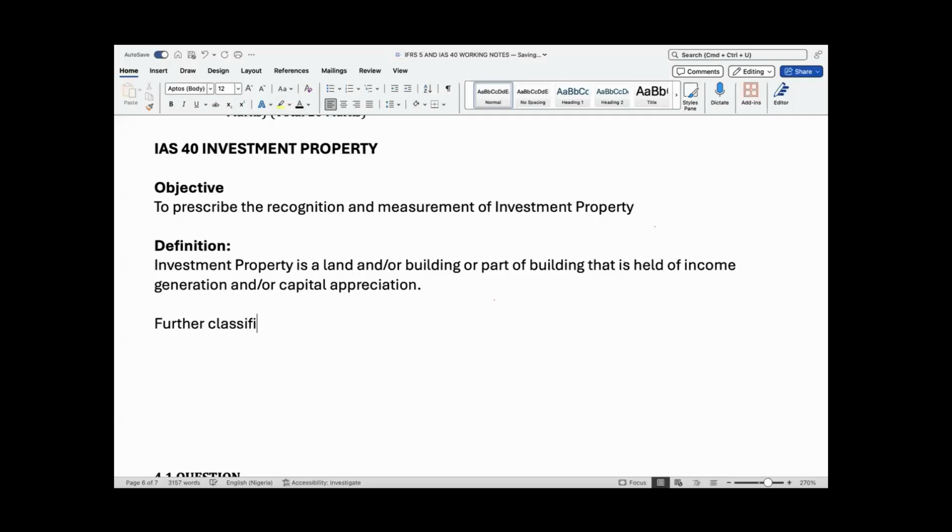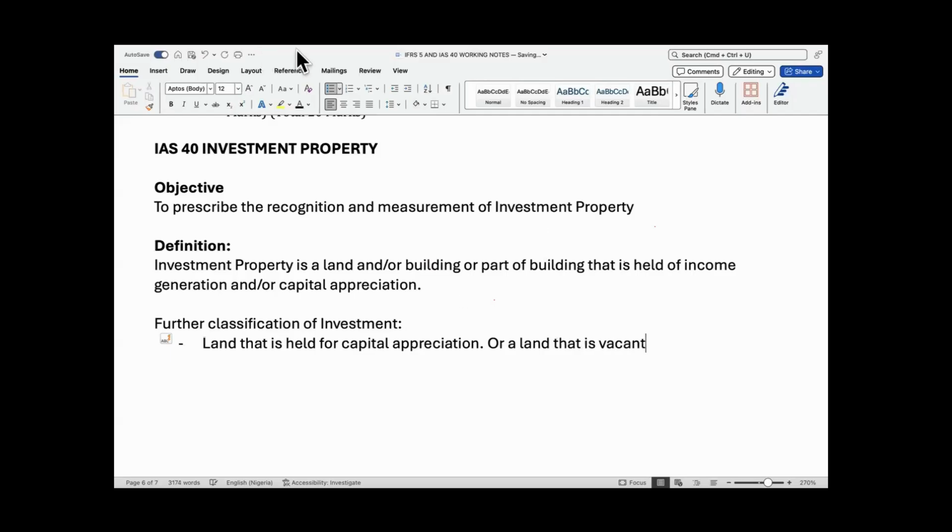Now, a further classification of investment property is that it could be a land that is held for capital appreciation, or a land that is vacant, meaning you are not using the land for anything.